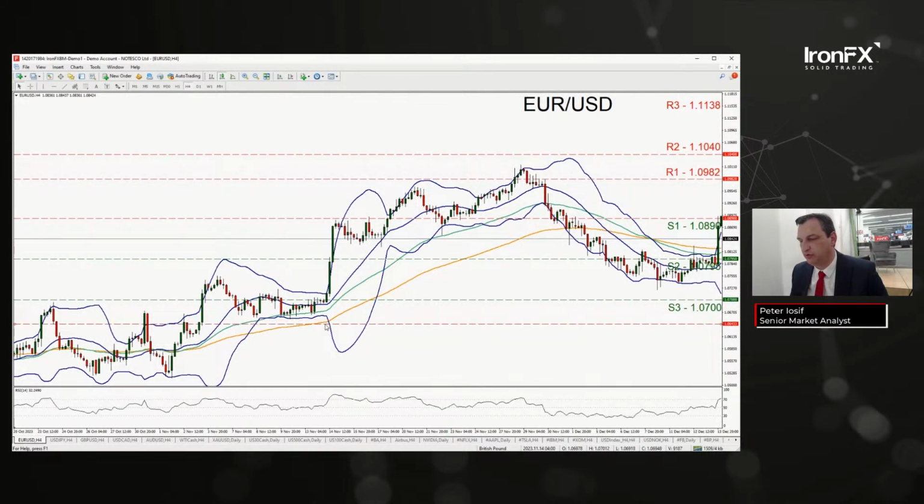I would like to go further down. And we have a nice support level here. Note how the pair in its upward movement corrected lower, found support at this level, and that was used as a platform to jump higher. So we're talking about the 1.0610.